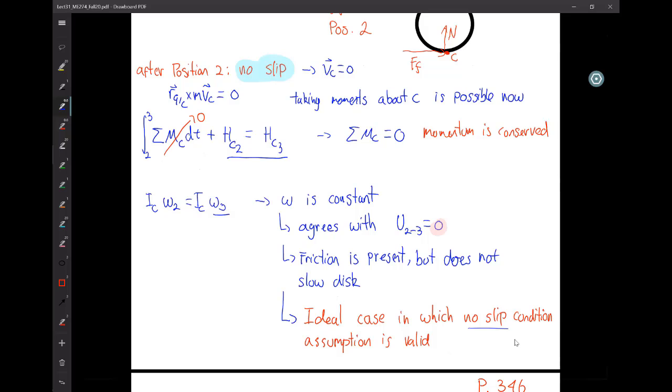Let's say the implications of this is that the no-slip model works, but the condition in which we say that the relative speed between the surface and the point of contact is zero is not physically correct.